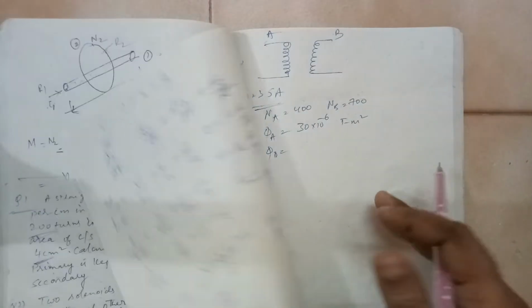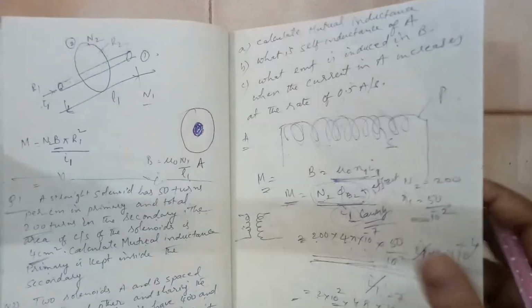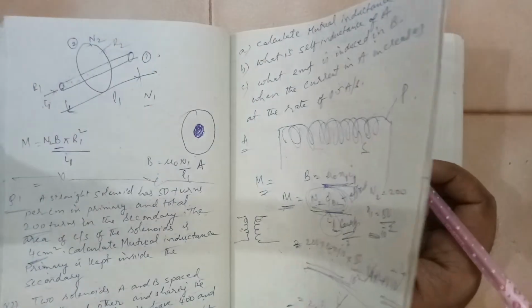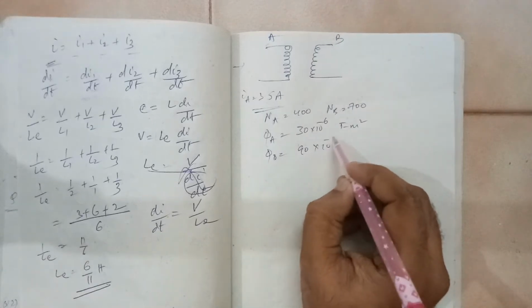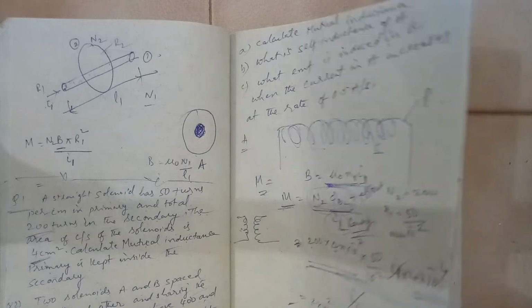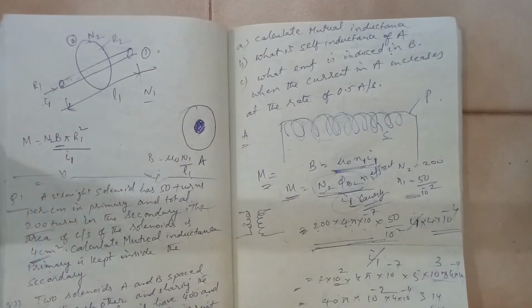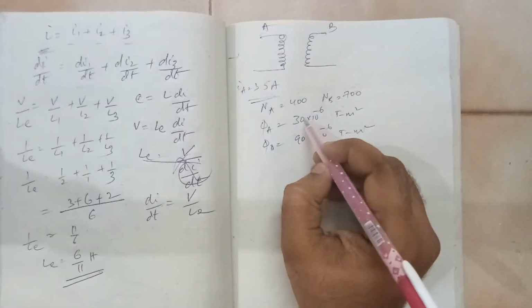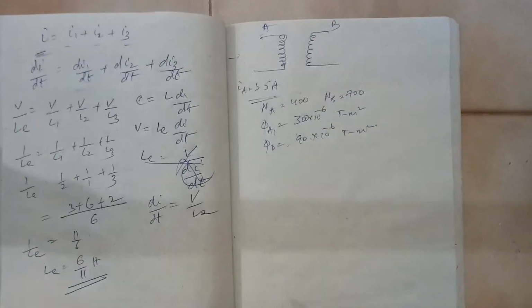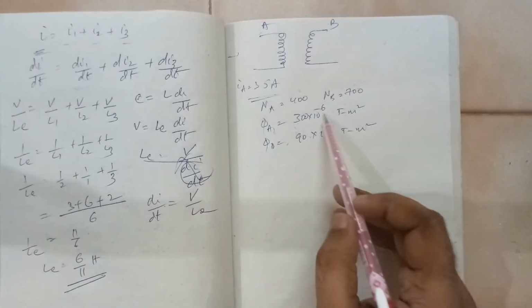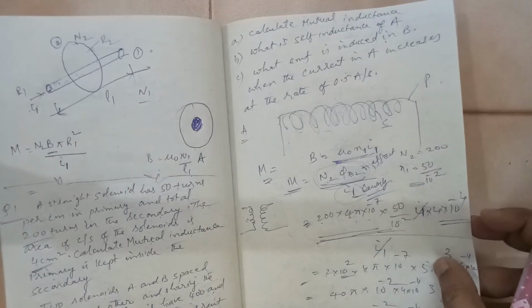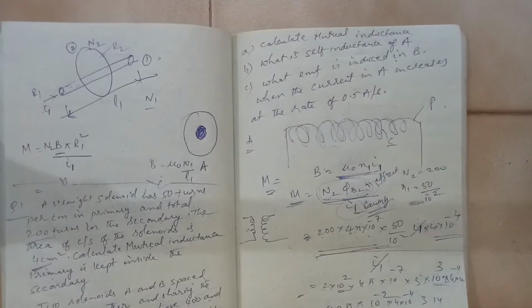You call it Weber also, no problem. And phi B is given as 90 into 10 power minus 6 Tesla meter square. This is 300 actually. This will be more than this actually. It is 300 into 10 power minus 6 now. So in this, now what is being asked?